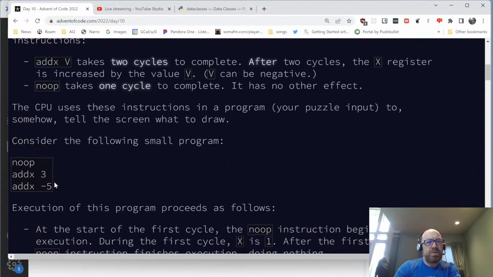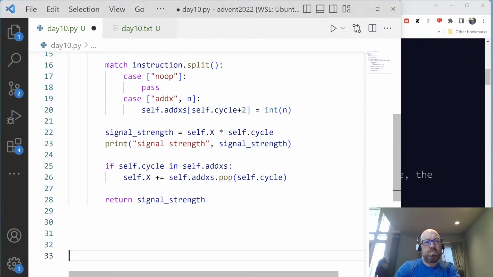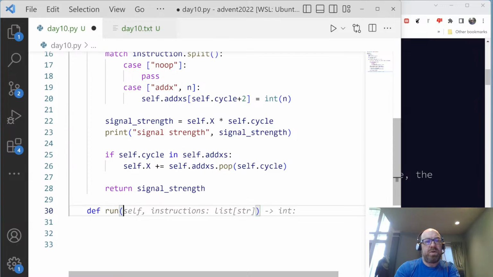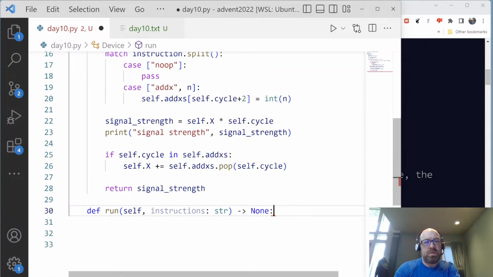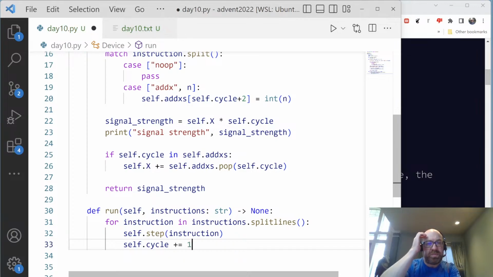So let's take this small program and let's just say def run(self, instructions: str) -> None: for instruction in instructions.splitlines(): self.step(instruction).